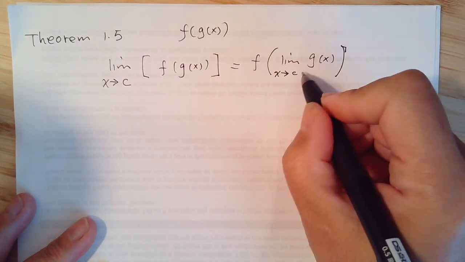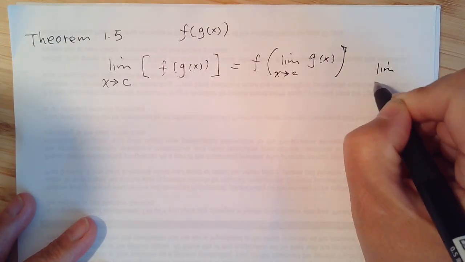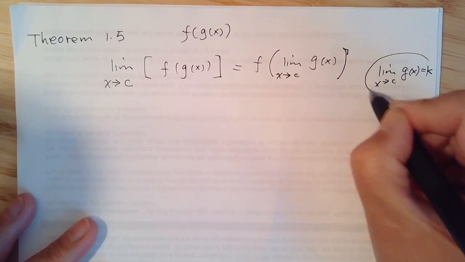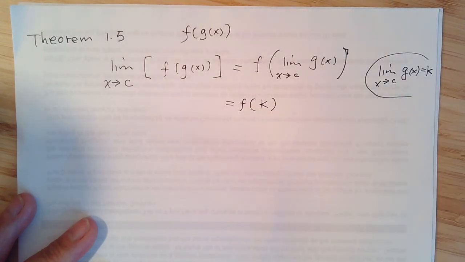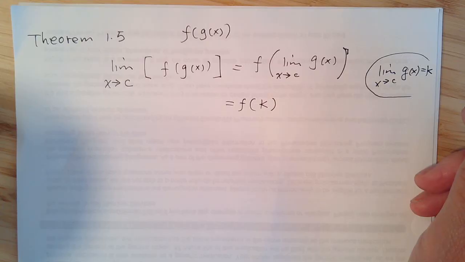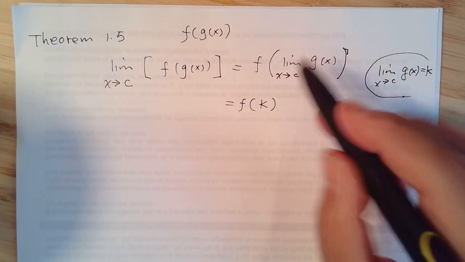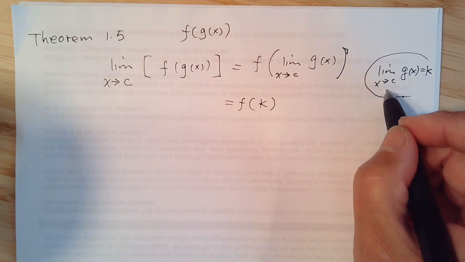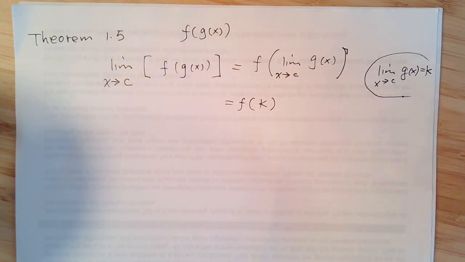And if the limit as x approaches c of g of x equals k, then that will be f of k. So you just substitute k into f, then you can get it. So f and g are functions such that g has a limit, and f has a limit as x approaches k, where f is defined. Then we have this.